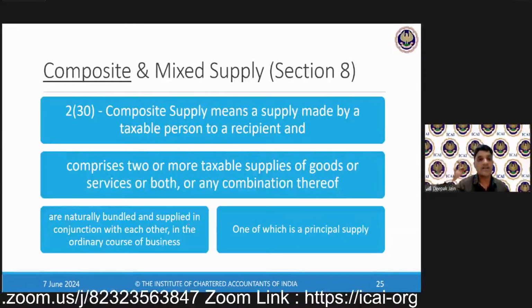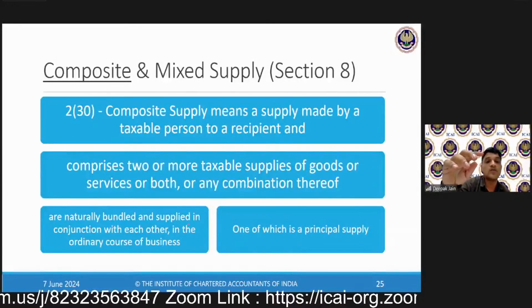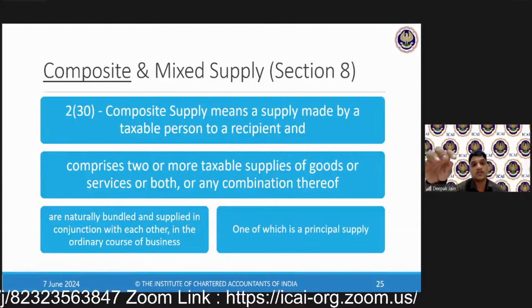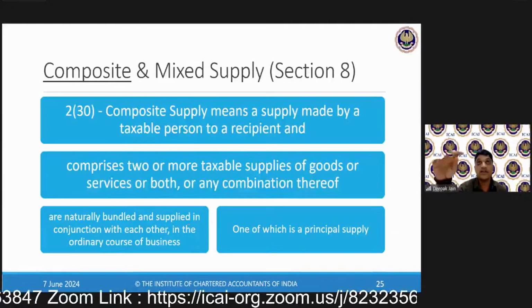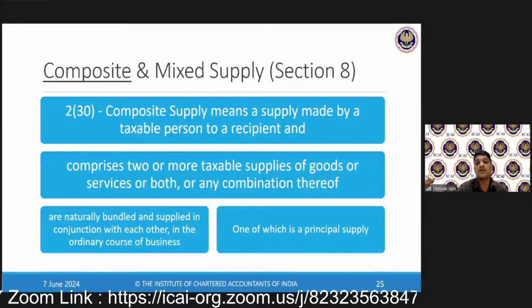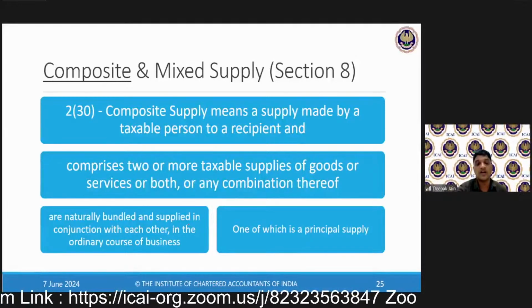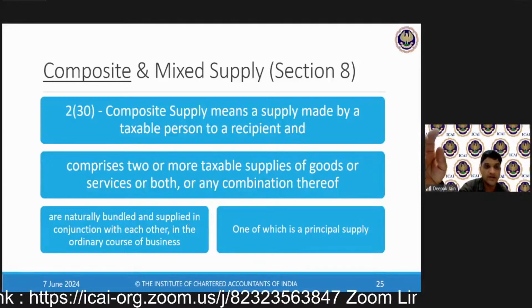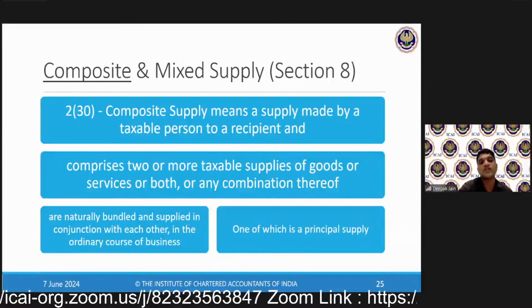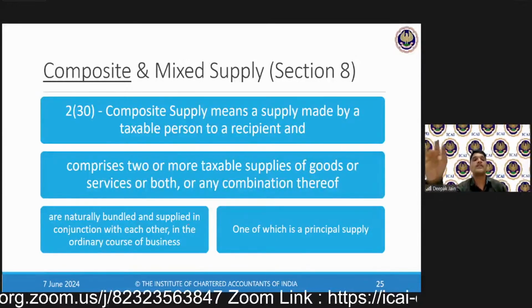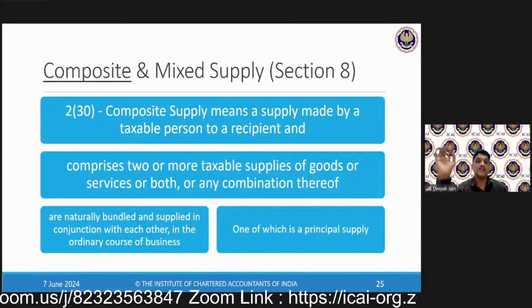And what is the important thing? It comprises two or more taxable supplies of goods or services or both, or any combination thereof, which are naturally bundled and supplied in conjunction with each other in the ordinary course of business, one of which is a principal supply.